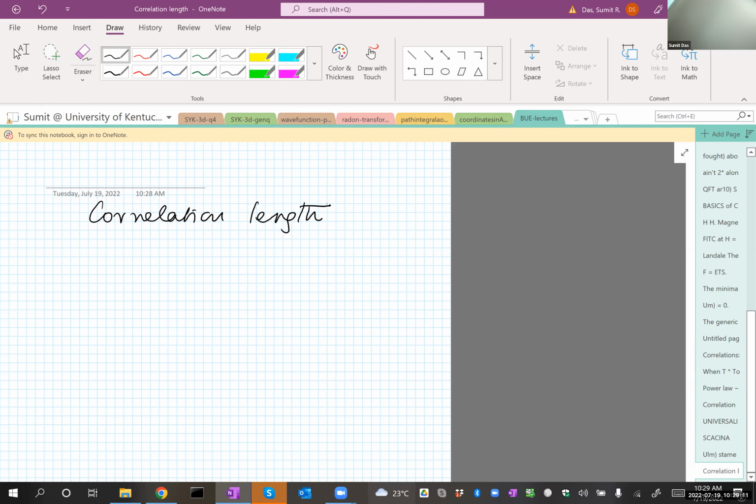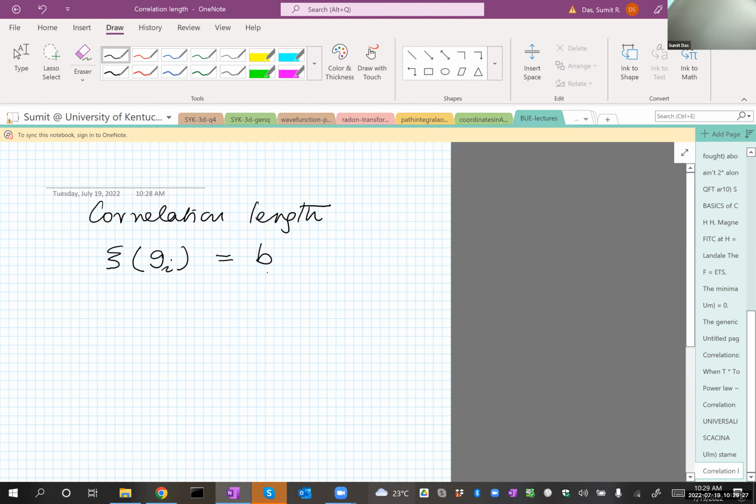So clearly, it behaves like a length, and therefore the correlation length, which is a function of these parameters, must have the property that it just rescales.